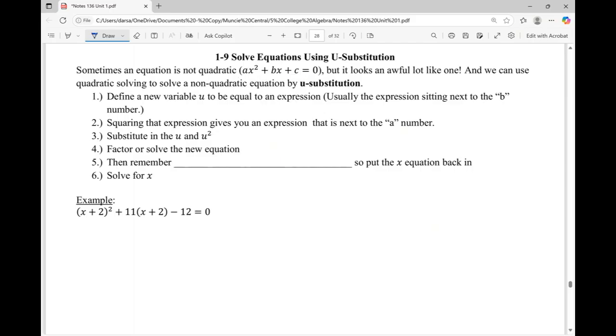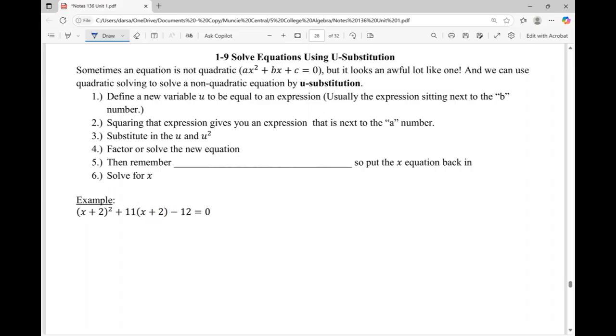We can see that in this first example. The something here is x plus 2. So we have x plus 2 squared plus 11 times x plus 2 minus 12. So it's in that same sort of pattern of a quadratic, but instead of x, we have x plus 2.